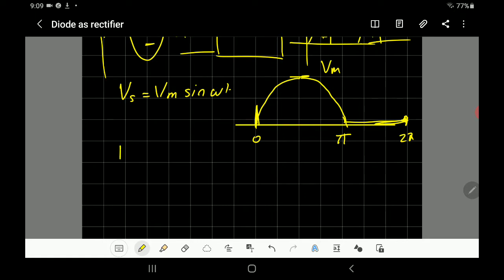To find the average value, you will say it's equal to 1 over the period, which is 2 pi, and the integration from 0 to pi of the output voltage.